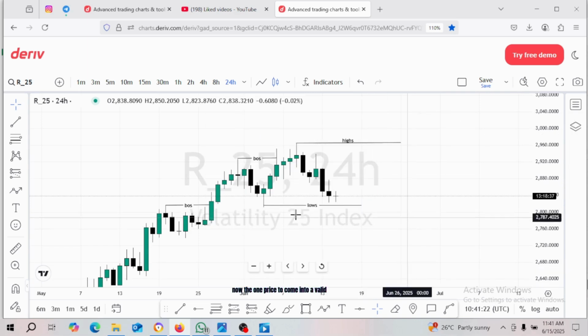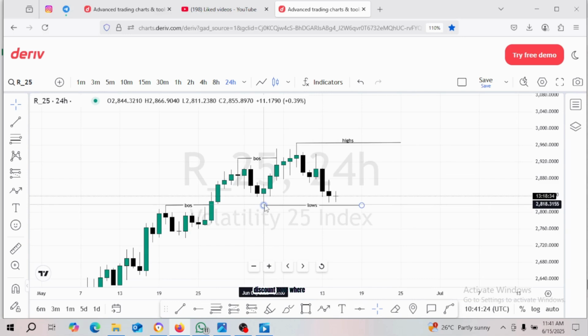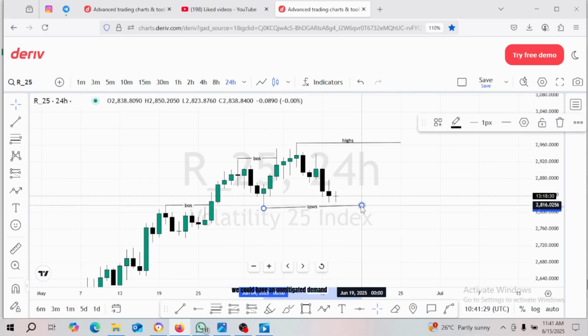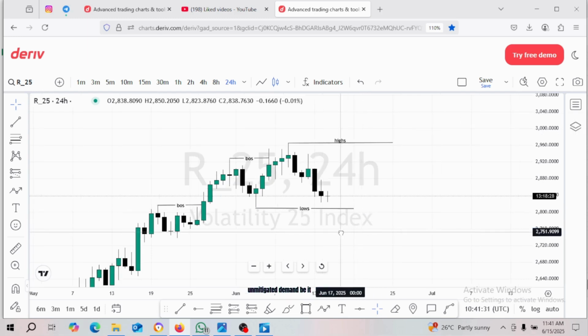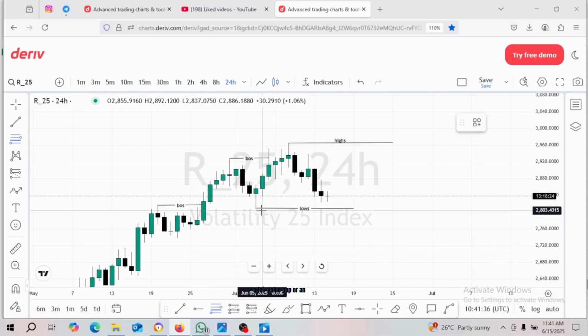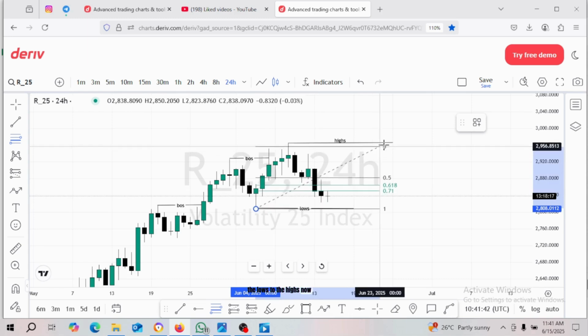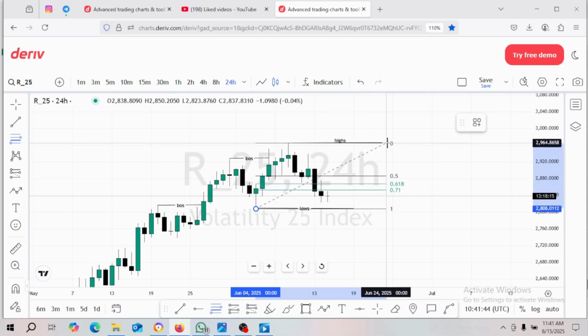So now I want price to come into a valid discount zone where we could have an unmitigated demand, be it a fair value gap or an order block. So I took my fib tool from the low to the high.